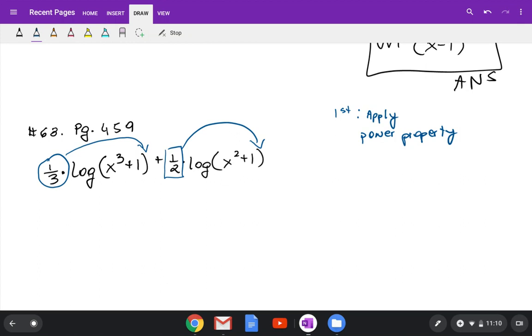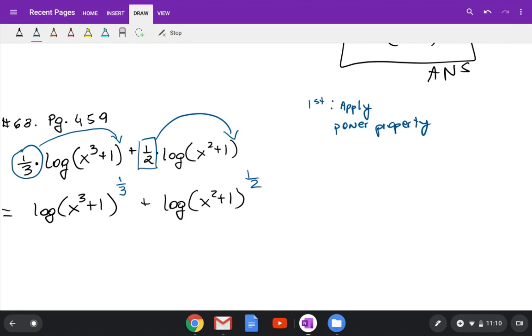Move that power back. That will give us log of (x to the third power plus 1) to the power of 1/3 plus common log of (x squared plus 1) to the power of 1/2.